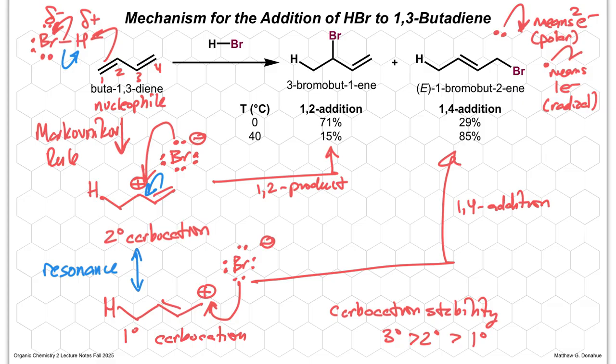Now, why does the temperature change the product distribution? The common theme with both products is that there's still an alkene left. Let's classify those alkenes.